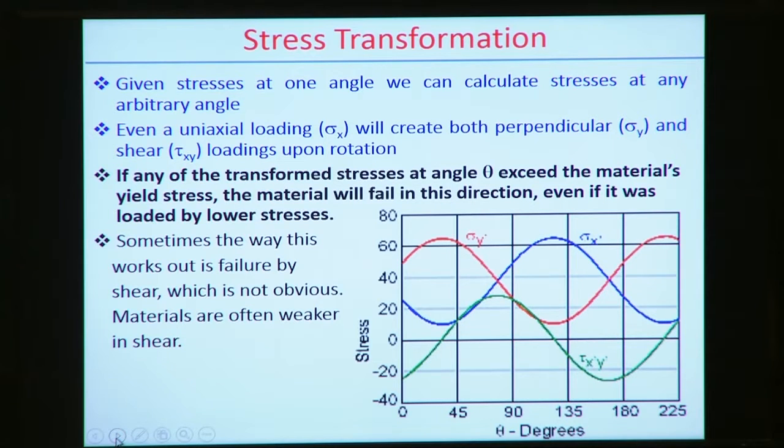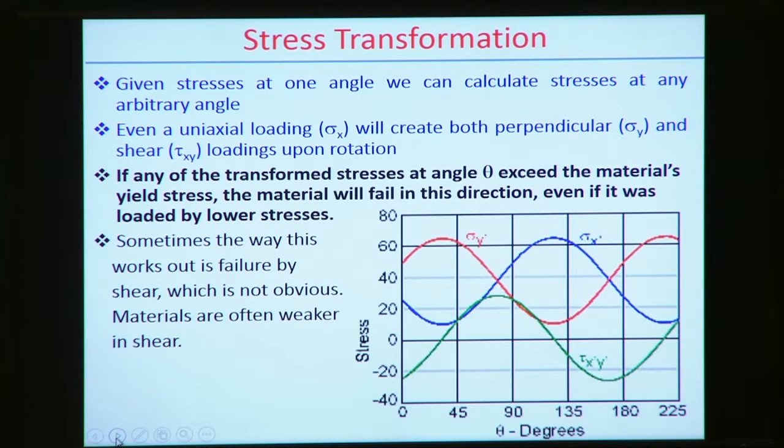Even if we consider uniaxial loading, where there is only a single stress state, sigma x, and we look for the state of stress at an angle theta not equal to 0 degrees, we will find sigma y and shear also acting on this element.